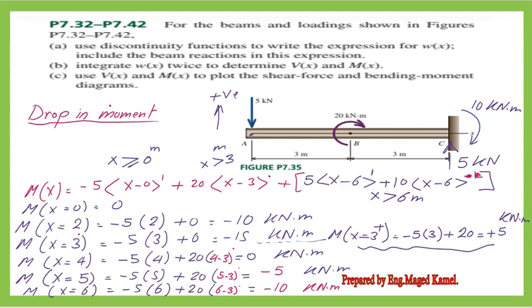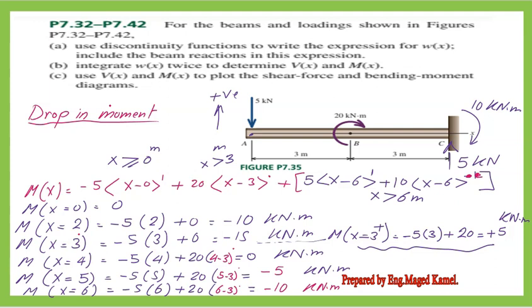M at x equal to 4 equals minus 5 multiplied by 4 plus 20 multiplied by (4 minus 3) raised to the power of 0, which will be equal to 20. Minus 20 plus 20 equals 0. For M of x equal to 5 equals minus 5 multiplied by 5 minus 0, minus 25 plus 20 multiplied by (5 minus 3) raised to the power of 0, which is 2 raised to the power of 0, 1.